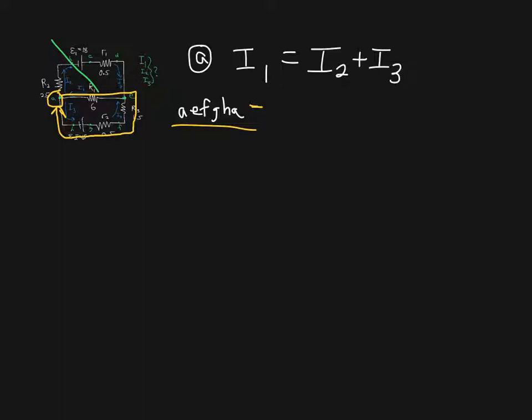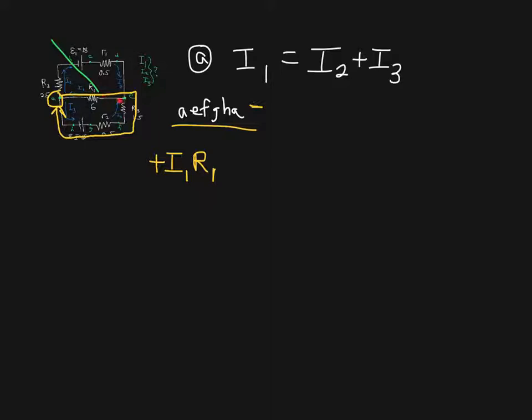So since the loop and current are going opposite directions, that's a positive I1 times capital R1. Is this making sense? So I start at A, and I'm going to the right through resistor R1 with the current I1. The current is going to the left, so I have a positive voltage change.